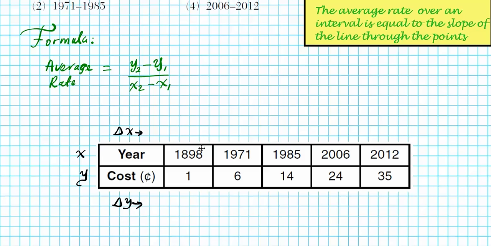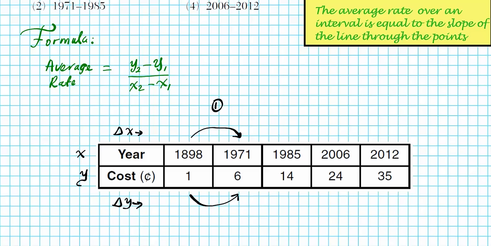All right, now we have 5 values, so we're going to have 4 changes happening. So first one is from 1898 to 1971. Okay, so this right here is a change in x2 minus x1, and then this would be my change in y. So let's call this interval 1.